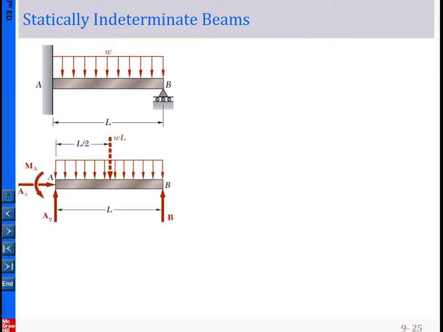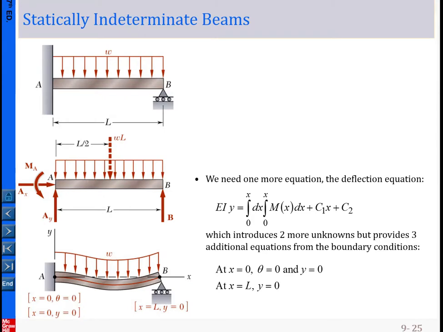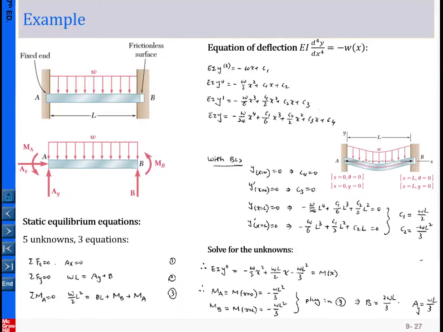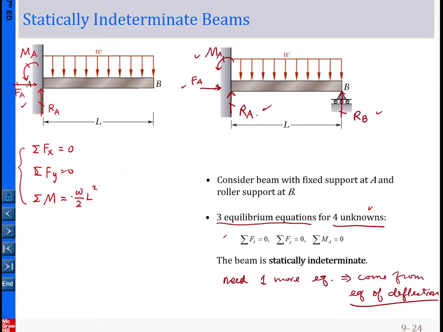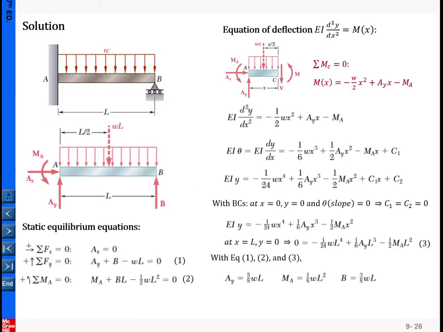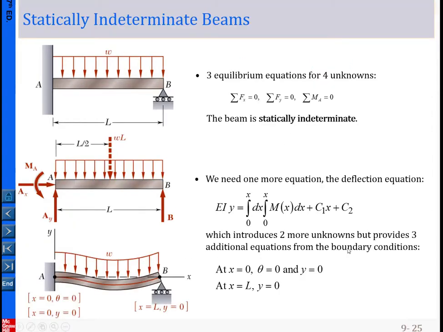So here we can look into more examples, the illustration here. Basically we need one more equation for the 4 unknowns, and that equation comes from the deflection equation.